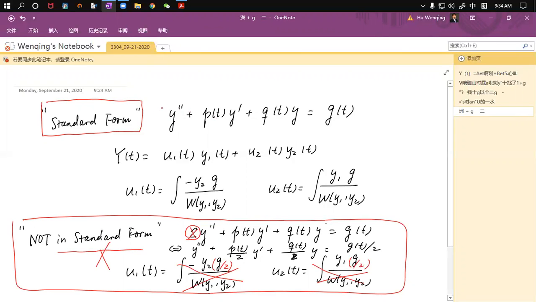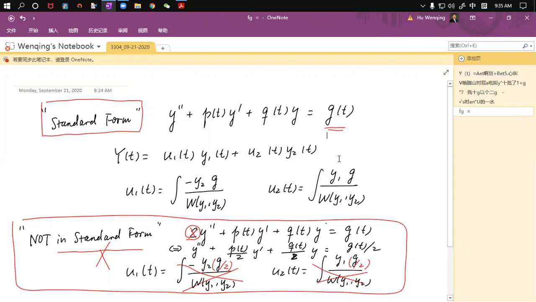That makes the leading coefficient 1. Your equation is in standard form. As long as it is in standard form, you have a unique choice of the g. You won't have g or g over 2. You won't be bothered with this non-uniqueness. You're going to have a unique choice of the g of t that you put into the formula for u1, u2, and you produce the right solution. Otherwise, you are going to make mistakes.